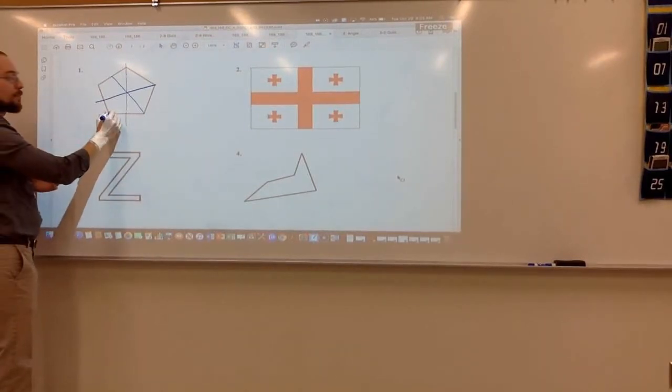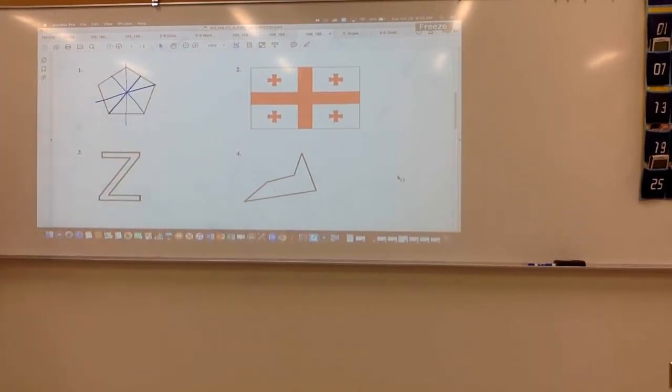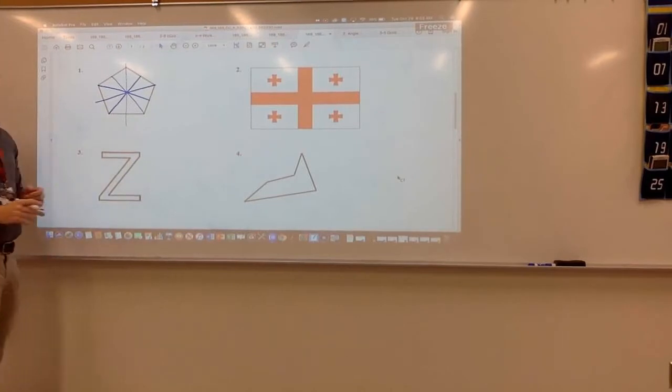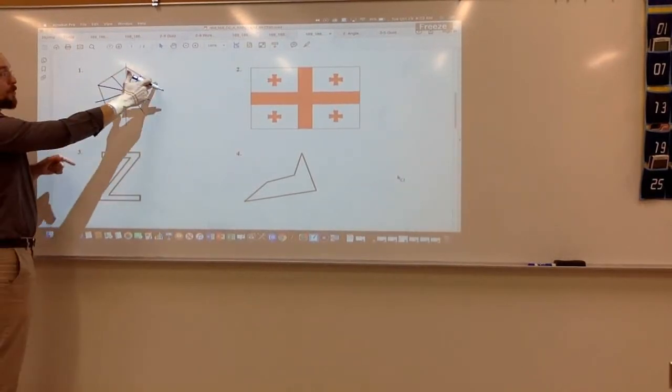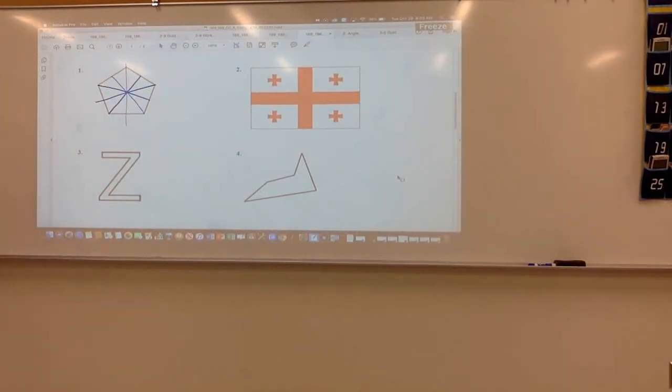I can do that from every single corner to the middle of the opposite side, and it'll be a perfectly straight line. We end up with 5 lines of reflection here. It may be easier to visualize if you rotate your paper a little bit. If you put this point up at the top, it's going to look exactly the same. So there are 5 lines of reflection for number 1.